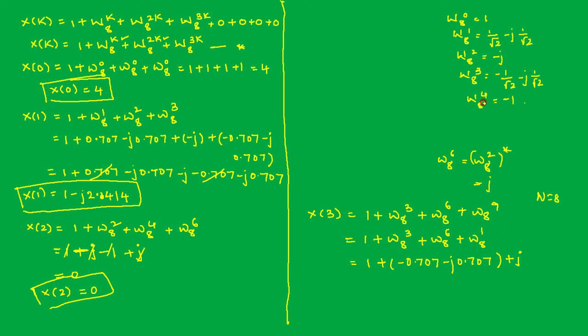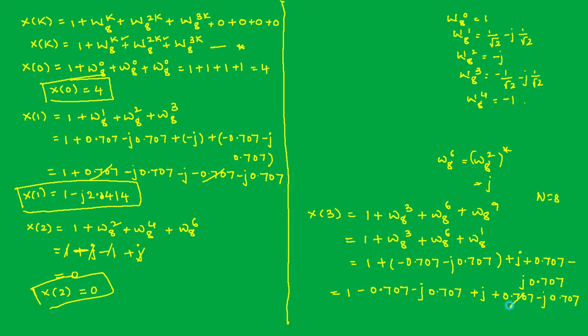Then W8 raised to 1 is 1 by root 2, which is 0.707 minus j 0.707, right? So we will simplify this one: 1 minus 0.707 minus j 0.707 plus j plus 0.707 minus j 0.707.